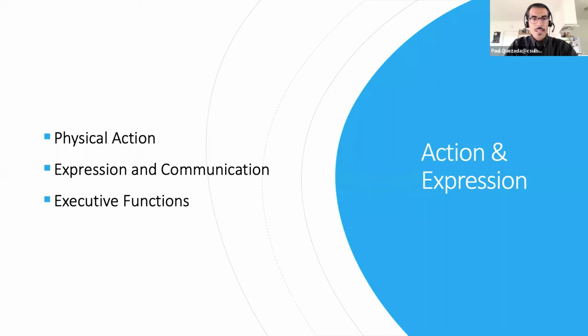So looking at action and expression, we start within the context of UDL. We see that it's determined by 3 elements, and we start with physical action. Just like a textbook or a workbook or any kind of print media is limited in the means of navigation and physical interaction, like how many pages you're turning or how much space you have to write in, many interactive pieces of educational software similarly provide limited means of navigation and interaction, such as using a joystick or keyboard or whatever input.